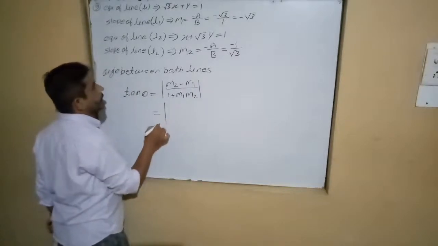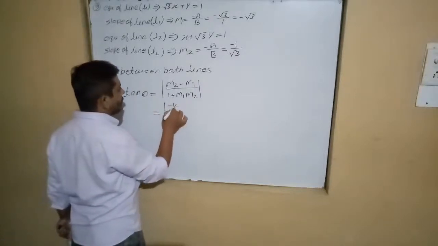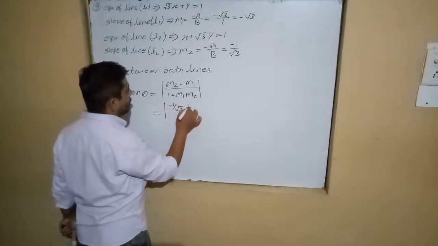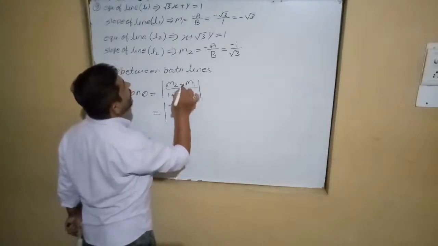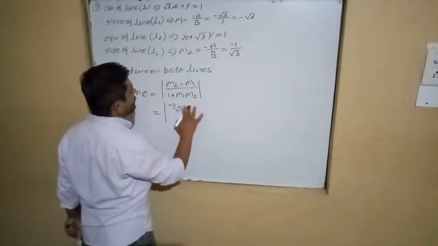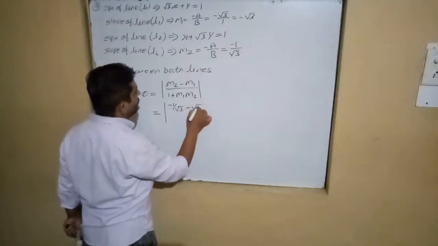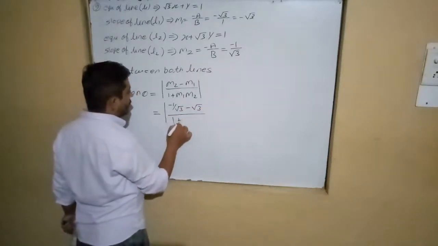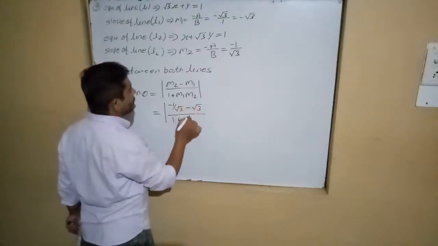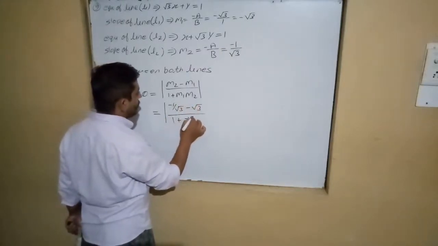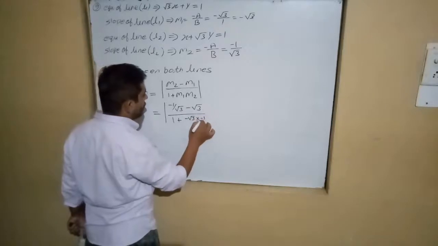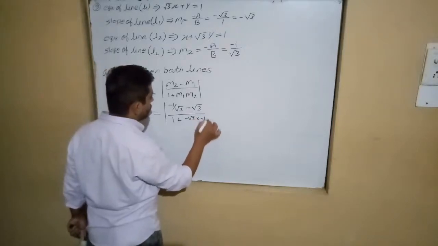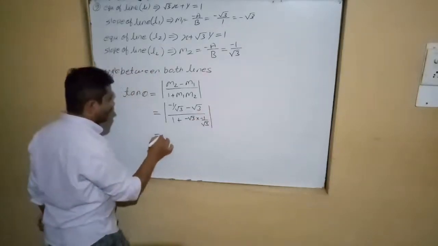So what is the value of m2 here? Minus 1 upon root 3 plus m1. m1 is minus root 3, upon 1 plus m1 m2, means minus root 3 into minus 1 upon root 3.